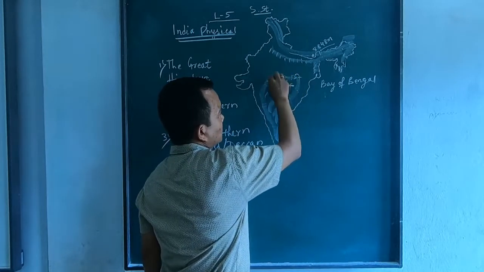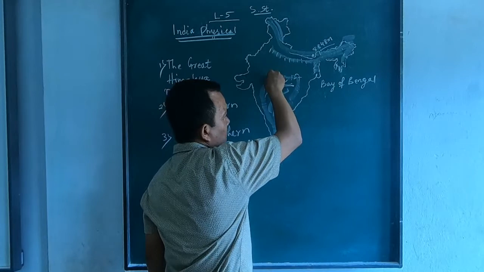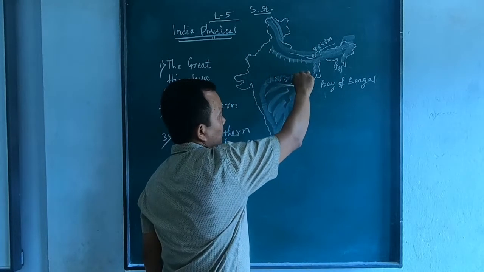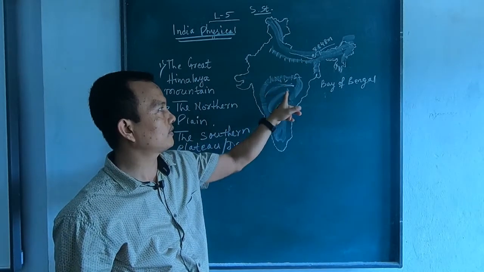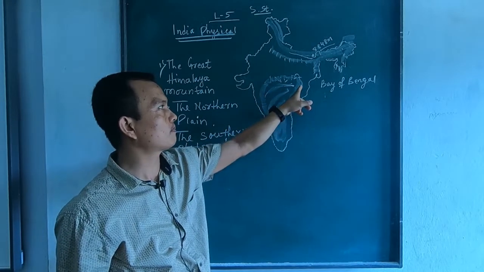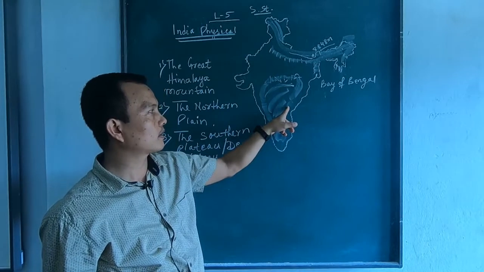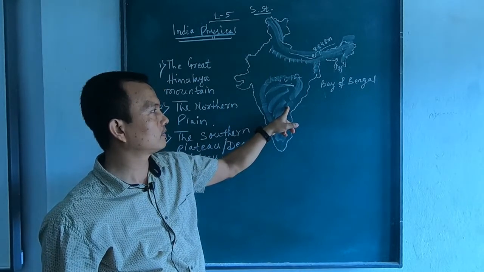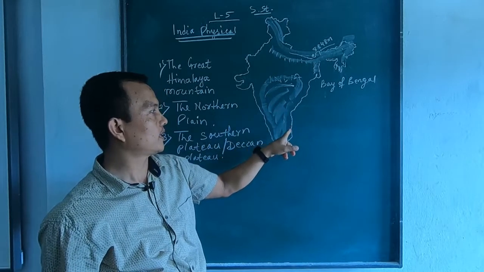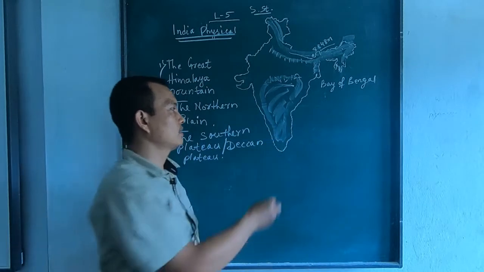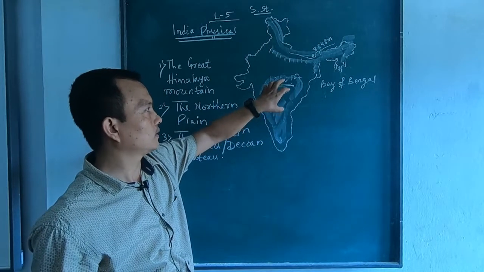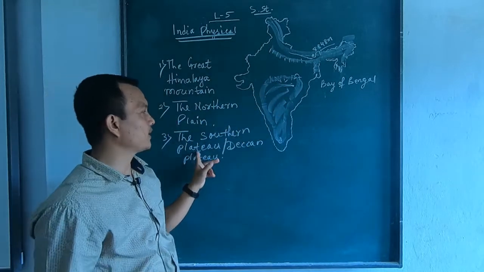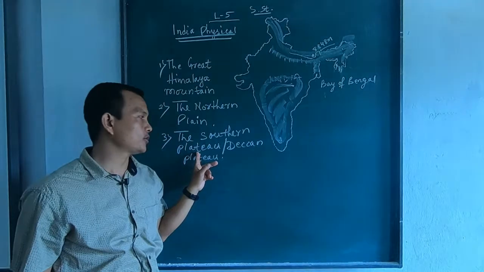So starting from the bottom of Madhya Pradesh, it covers the states of Madhya Pradesh, Maharashtra, Telangana, Andhra Pradesh, some part of Orissa, and then comes Karnataka, and Tamil Nadu, Kerala. So these are the states that include the regions of the Southern Plateau or Deccan Plateau.